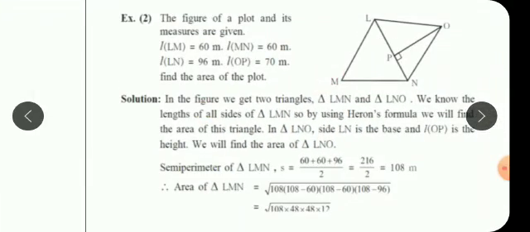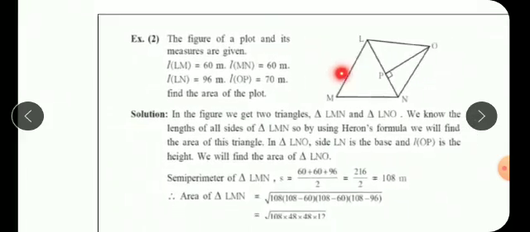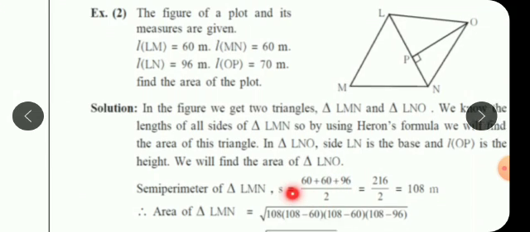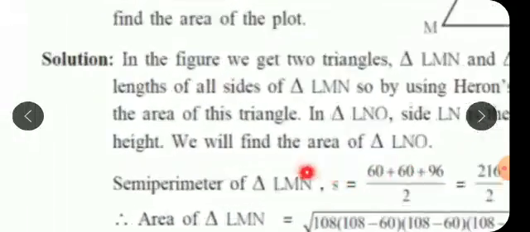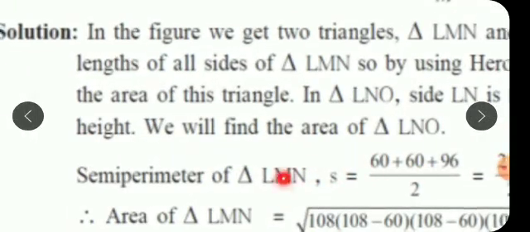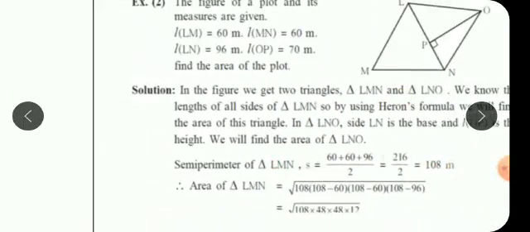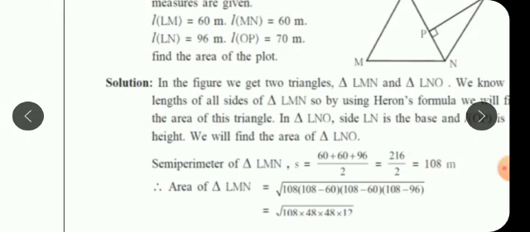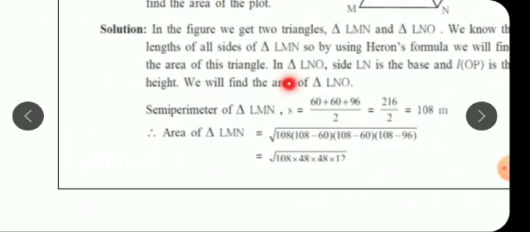Now see, semi-perimeter of triangle LMN. S is equal to what? These three sides, LM, then MN, and then LN. So 60 plus 60 plus 96 upon 2. S is equal to 216 upon 2, because the addition of 60 plus 60 plus 96 is 216. This will be equal to 108 meter. Now substituting the value for S, semi-perimeter is 108.